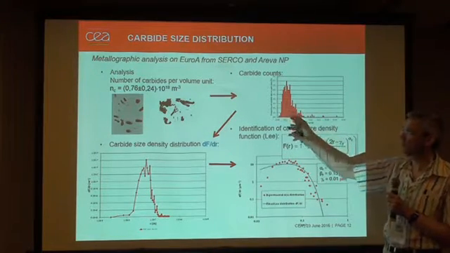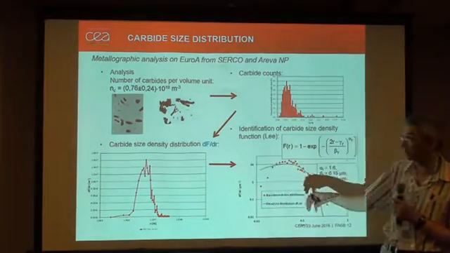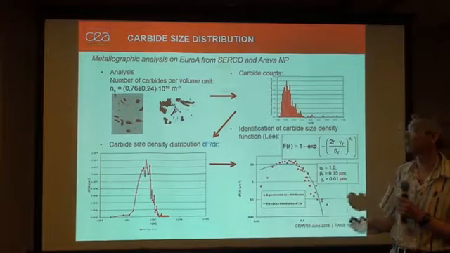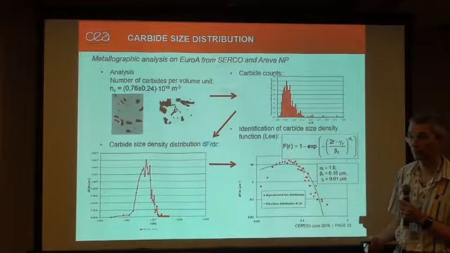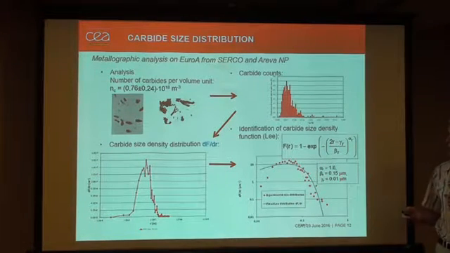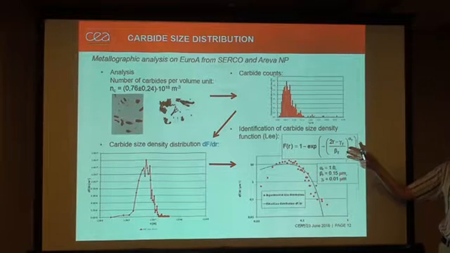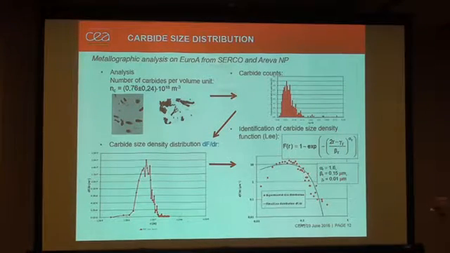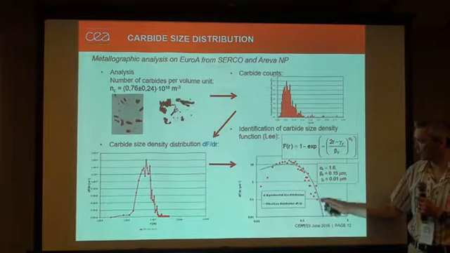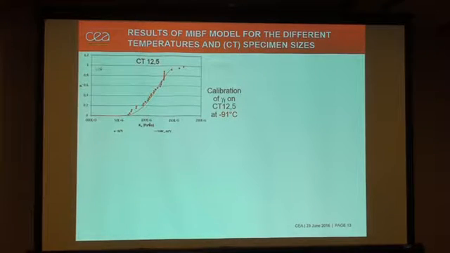From these counts, we can determine an experimental carbide size density distribution, and we will fit a carbide size density function, which is also a Weibull type distribution, on the experimental results. Now we have all we need to calibrate the MIBF model.